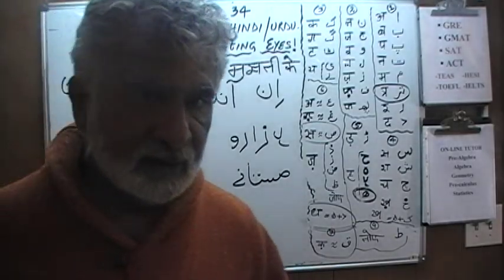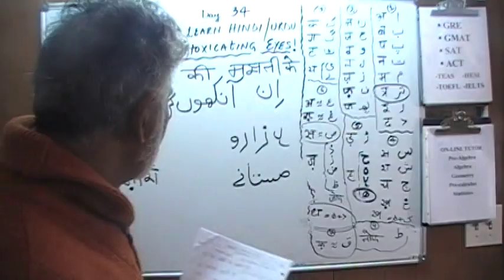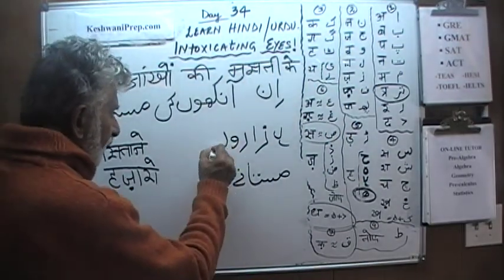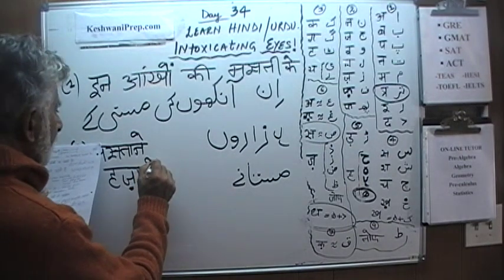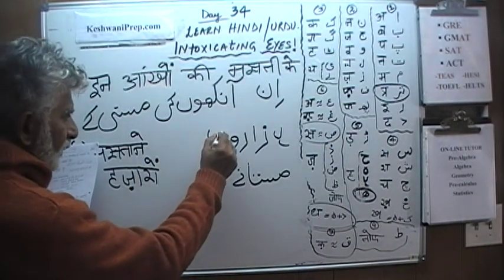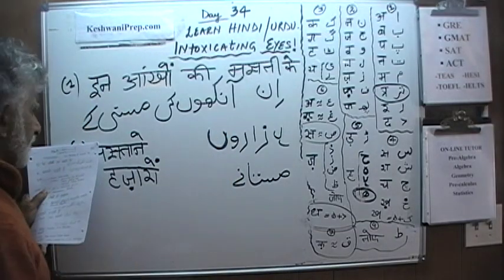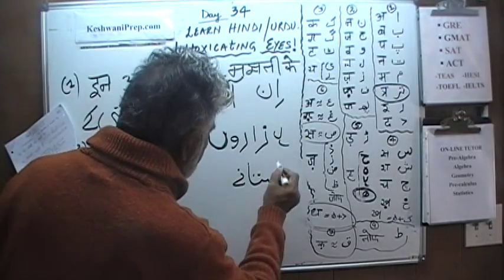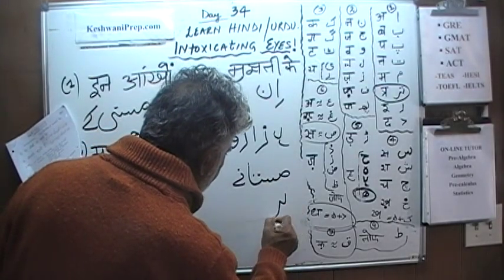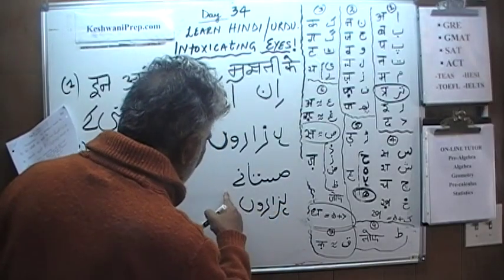It has a nasal sound at the end. In Urdu, you write nun gunna. In Hindi, you'll simply put a dot to remind you. This nun gunna right here is represented in Hindi with this dot. Let's put them together. Ha, za, ro. Mastane hazaron.